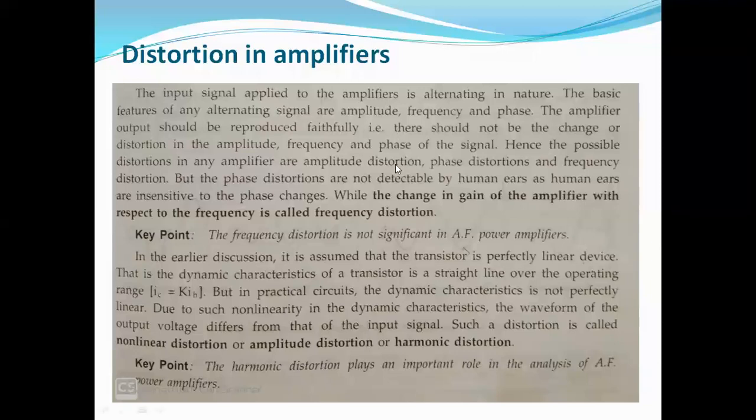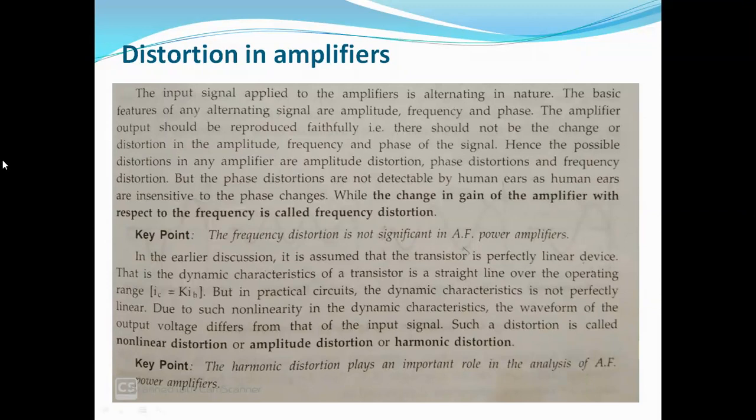If you draw the dynamic characteristics of the transistor, we cannot have a linear characteristic, that is, we cannot have a straight line. Because of such non-linearity, the output waveform differs from the input signal. The waveform will not be reproduced faithfully at the output.